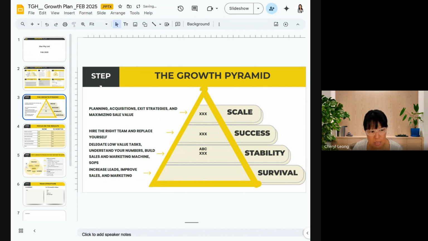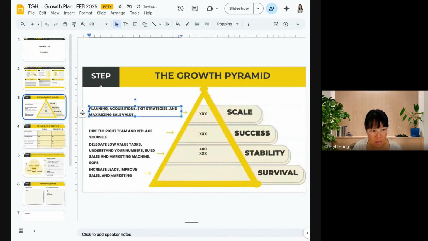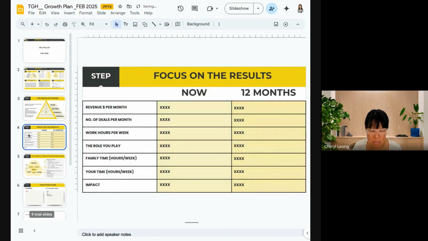Then we go to the next part: let's have a clear understanding of the status quo. Typically, revenue is a part of it. All these are metrics, that's the word, that can be customized for that particular client.